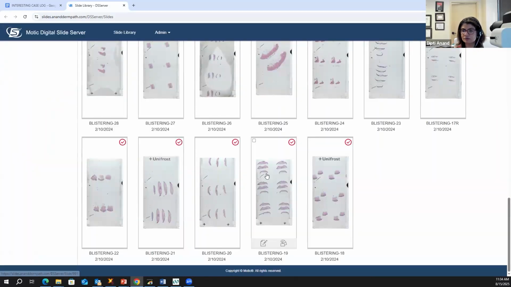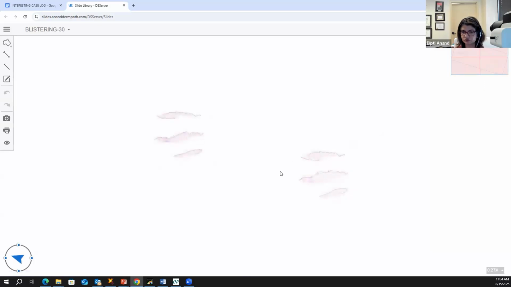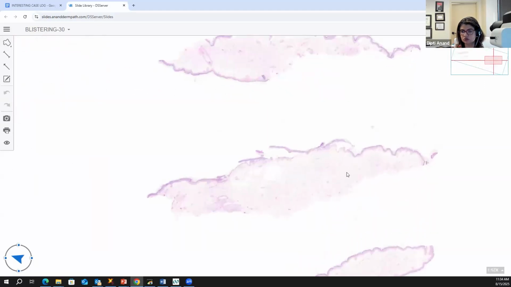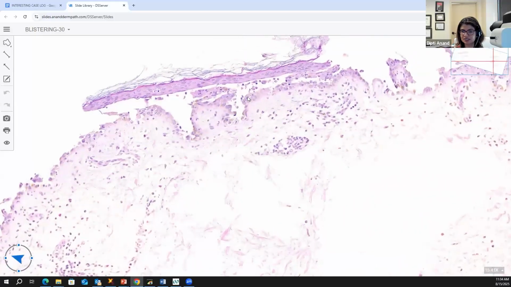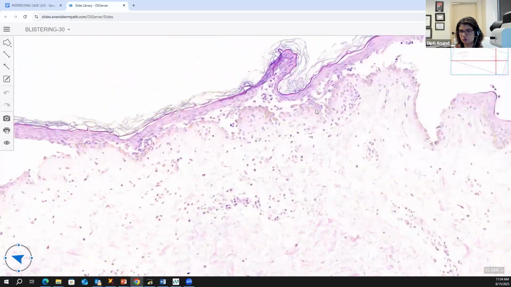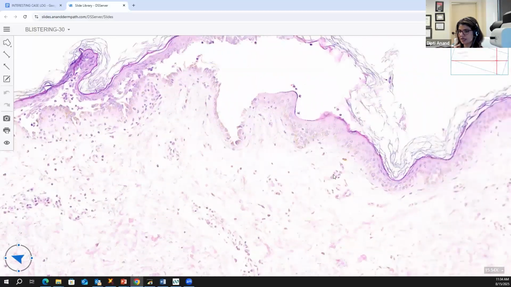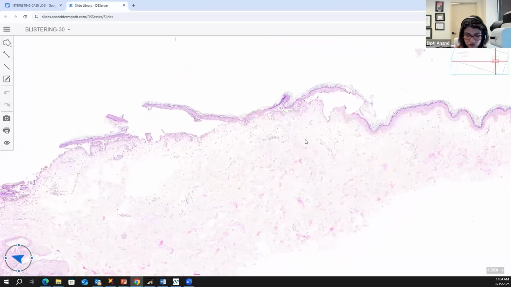Okay, so this is another example. You can see here the nice intraepidermal acantholysis. You can have the tombstoning here, more of the intraepidermal acantholysis and the tombstoning. So that is pemphigus vulgaris.